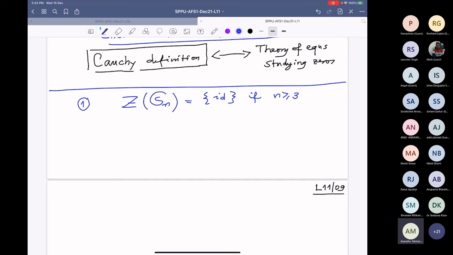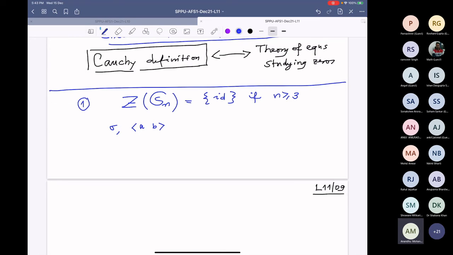So let us analyze what happens if I take a sigma and a cycle, a transposition actually. Suppose the sigma belongs to the center, then it will commute with all permutations. Particularly it will commute with the transposition.